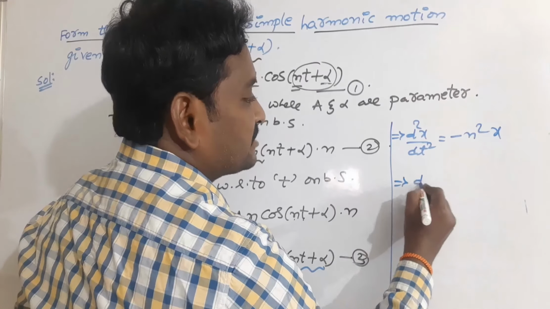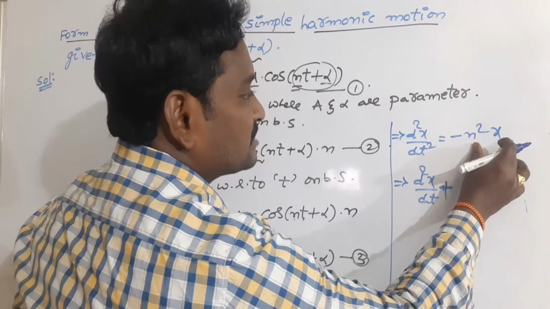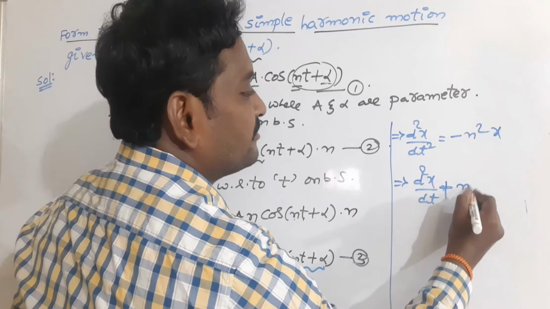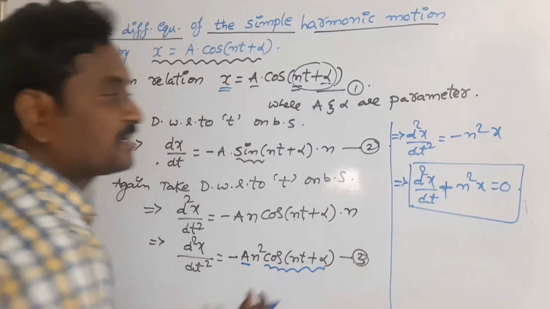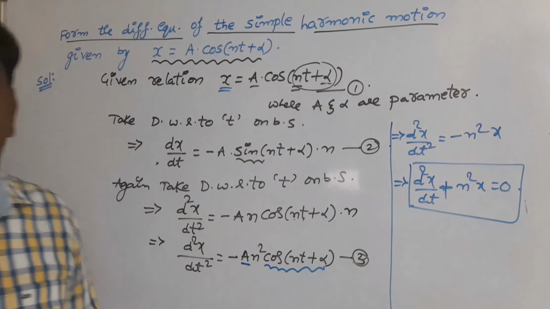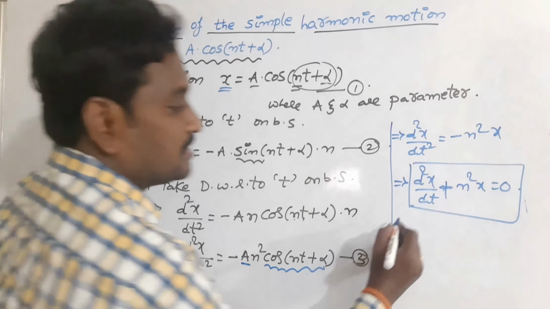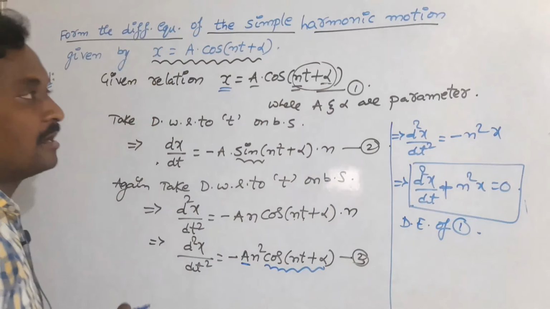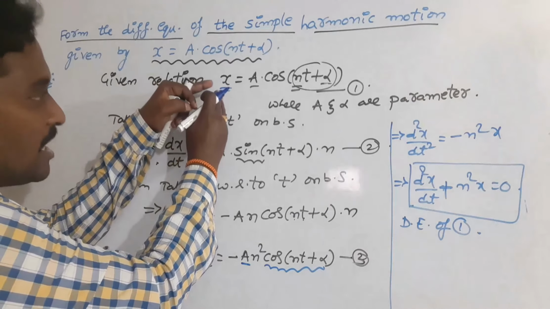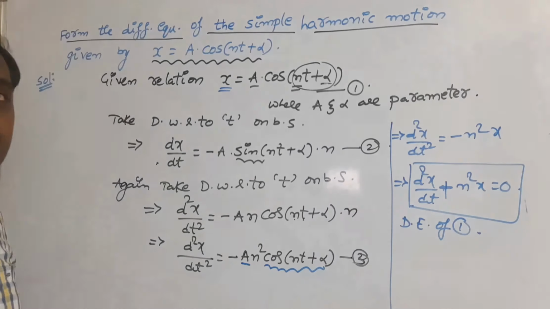So d square x by dt square, transforming this right hand side term to the left hand side, you will get plus n square x is equal to 0. This is the differential equation of the given simple harmonic motion. Don't forget it. Okay, so this is the differential equation of the given equation number 1, so automatically equation number 1 becomes the general solution of this equation. Don't forget it. I will give another example now.